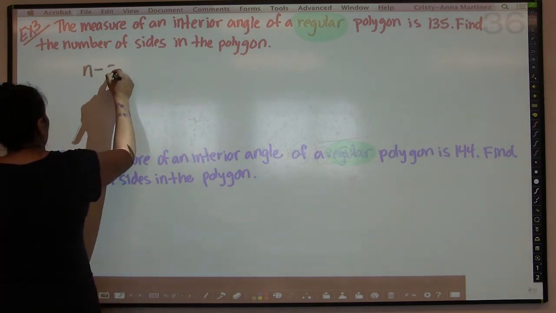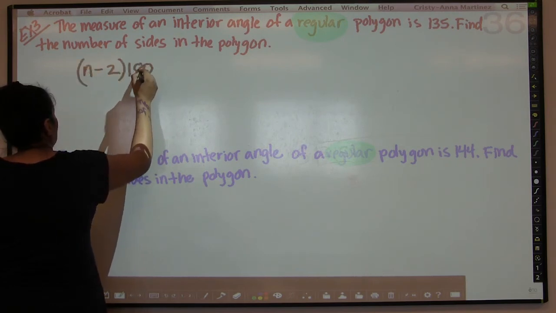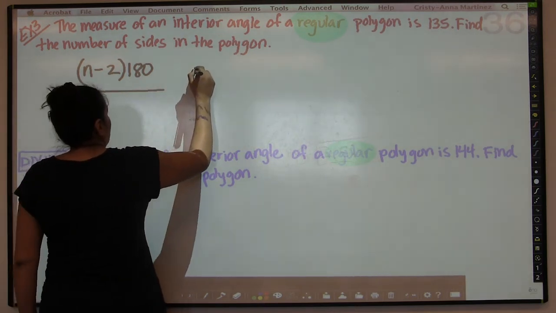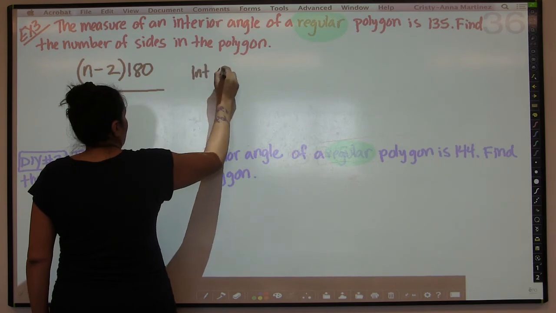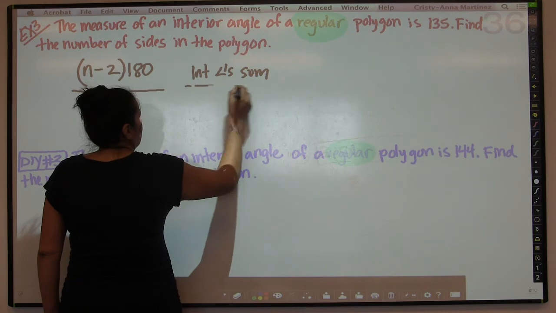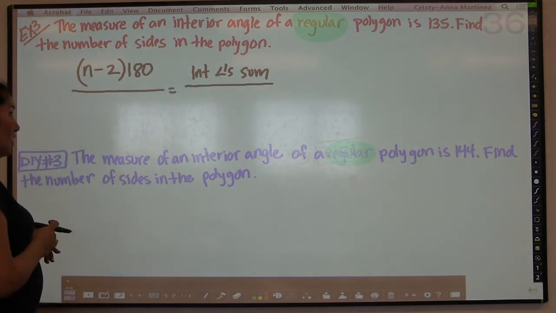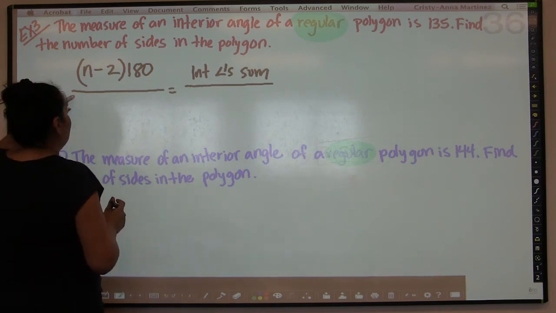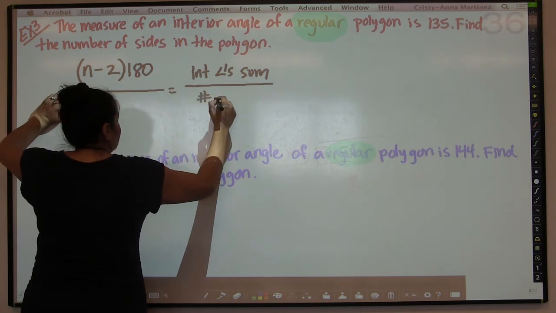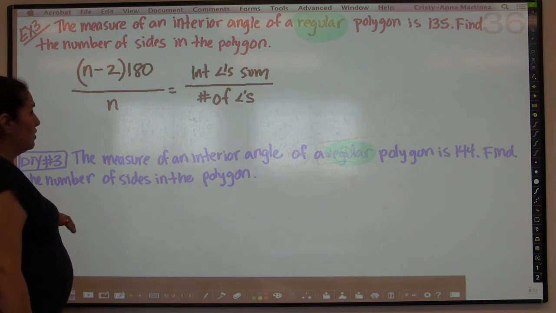When something is regular, we took n minus 2 times 180, which basically represented the interior angles sum. Because it was regular, so I just kind of want to show you what's happening, we also divided that by the number of sides, because the number of sides is the same as the number of angles, and each angle had to have the same measure.